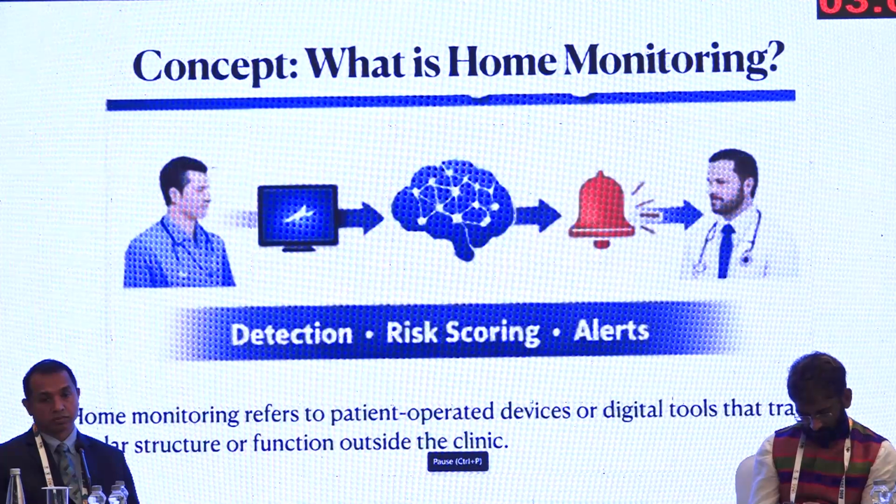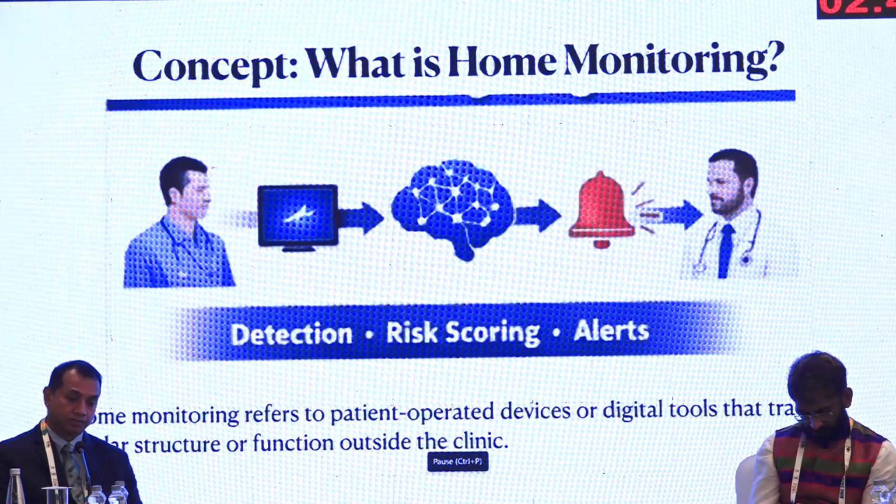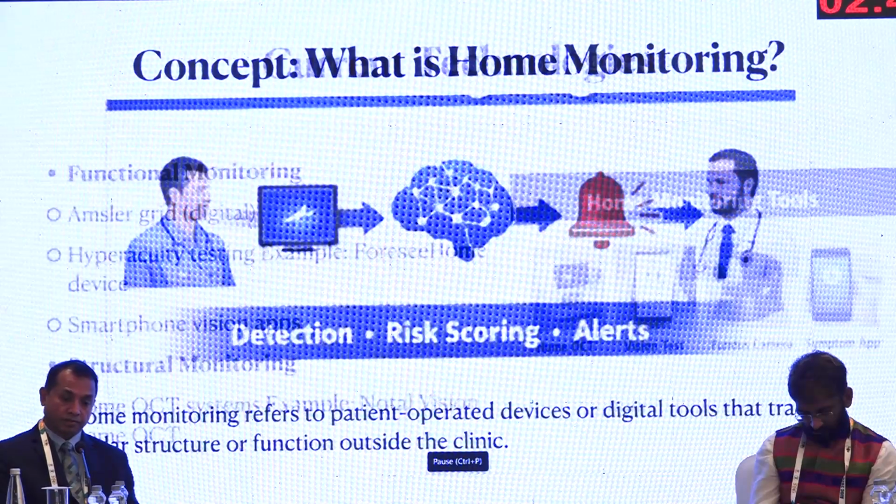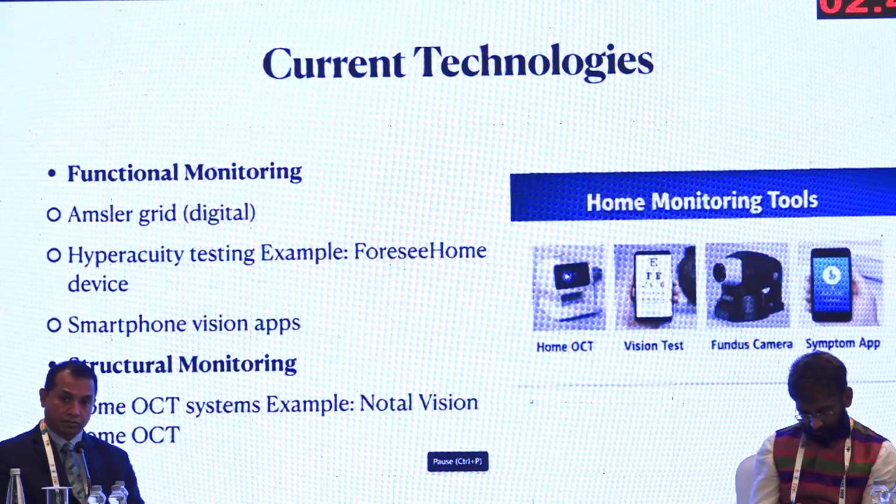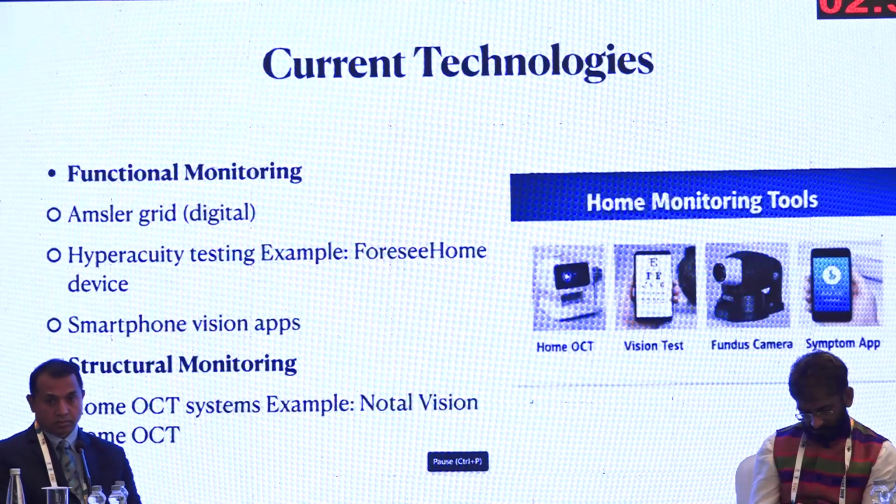So what is home monitoring? Home monitoring refers to a patient-operated device or a digital tool that can track ocular structure or ocular function outside the clinic. It's important that they can do these tests at home. There are a couple of current technologies. It could be a digital Amsler grid, hyperacuity testing, and this was a device a couple of years back.